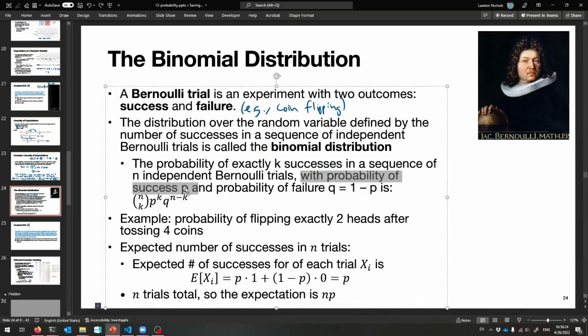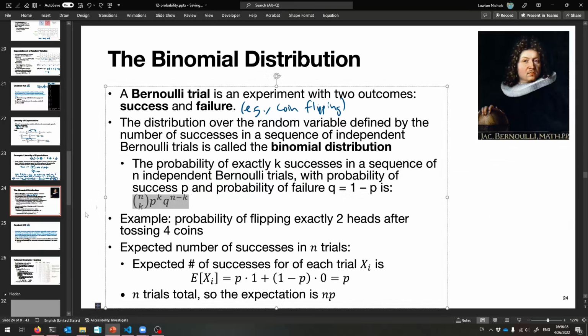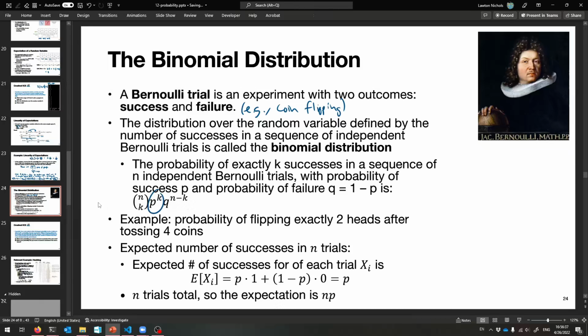And if the probability of success, getting heads, for example, was p, and the probability of failure was q, which is forced to be 1 minus p, because there's only 2 outcomes, right, is this. This is the probability of exactly k successes. So, because they're independent, you can multiply. It's probability of success, k times, and then probability of failure the rest of the times.